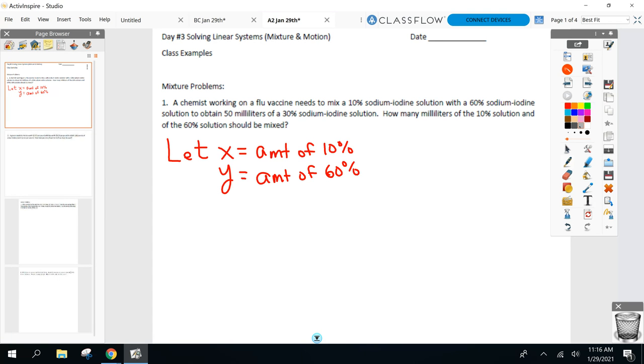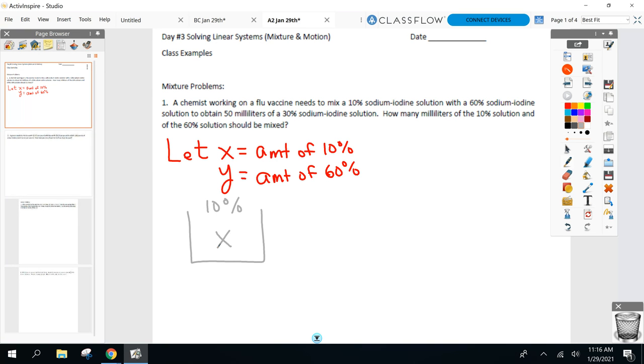But before I write down an equation, I'm going to draw a picture of this, because I think drawing a picture is going to help you guys out tremendously writing the equation. So the first type of solution you need is 10%, right? So take a look. Here's my bucket with the 10% solution, but I don't know how much is in there because I called it x.